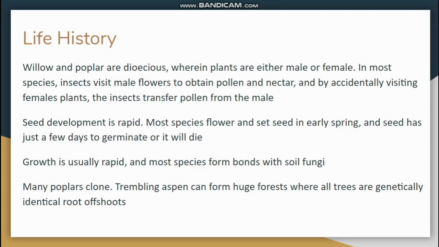One of the interesting things about poplar is that they can clone themselves. Different aspens, particularly trembling aspen, which has a 50-mile pure stand that's all one clone, they can form an entire forest. They're all genetically identical trees.